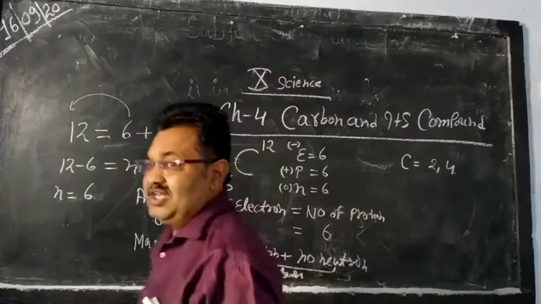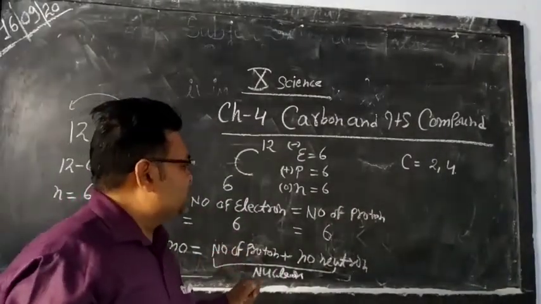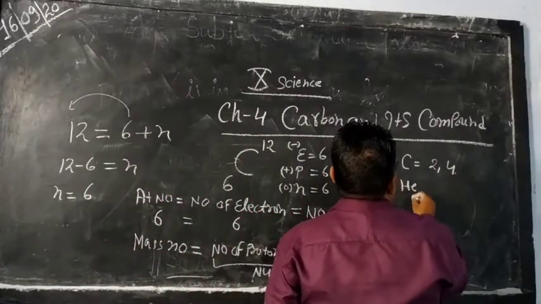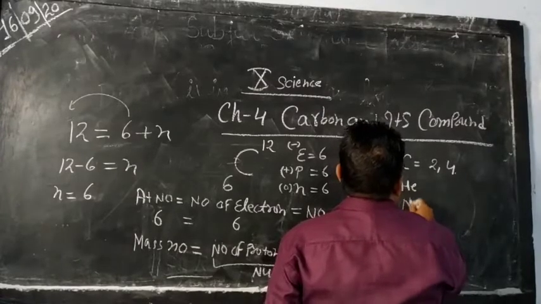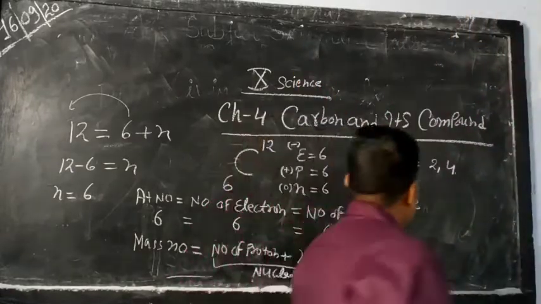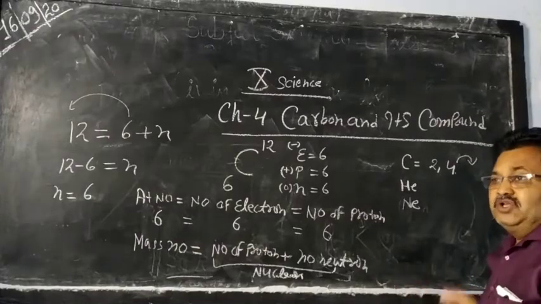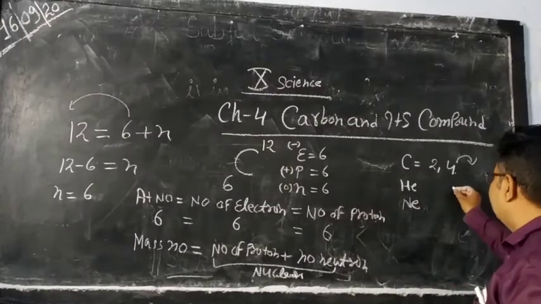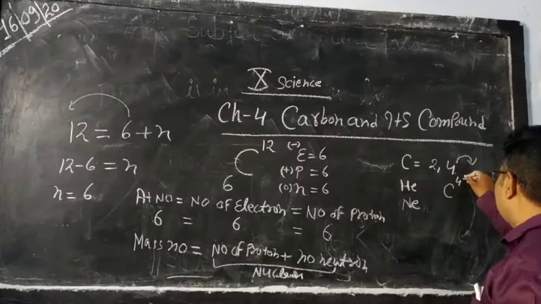To attain the most stable configuration of its nearest noble gas, which is helium, or the next one, neon: if carbon removes these 4 electrons from its outermost shell, then it attains the configuration of the C4+ ion.